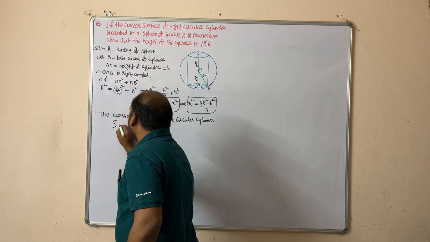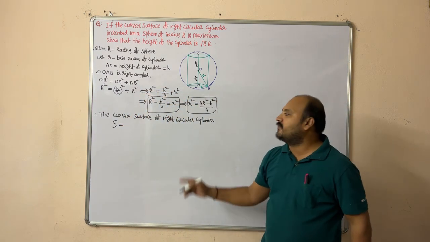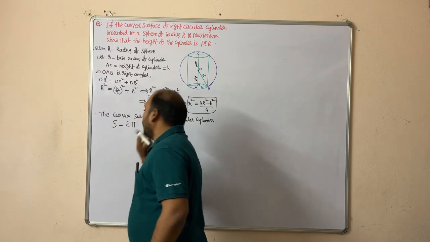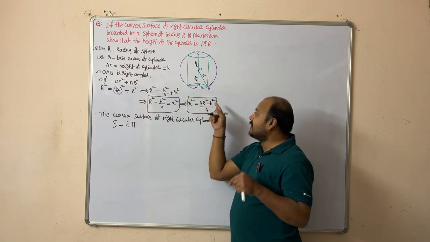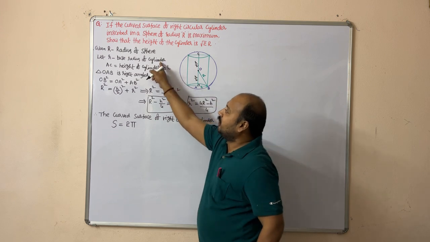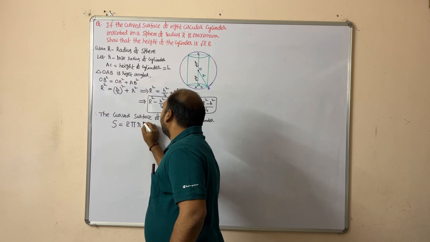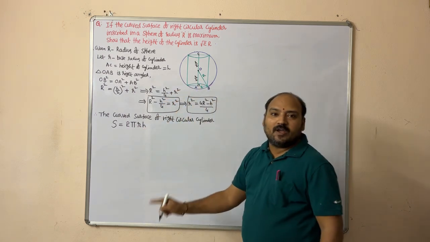S is equal to the formula for the curved surface area of the cylinder, 2 pi r h. What is the radius of the cylinder we have taken? Small r. Don't consider capital R, dear students. 2 pi small r into h.